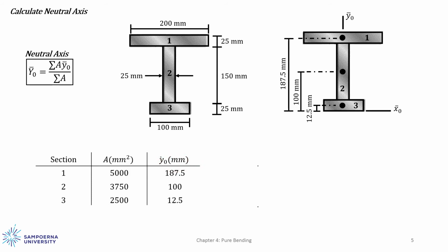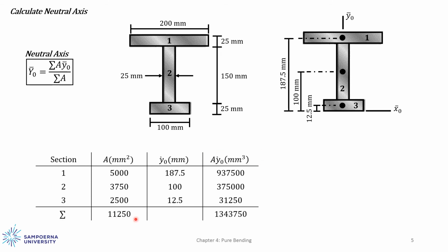After that, we multiply the area with y-0, then sum the area of each section and sum the multiplication between area and y-0. Then we use these values in the neutral axis formula.